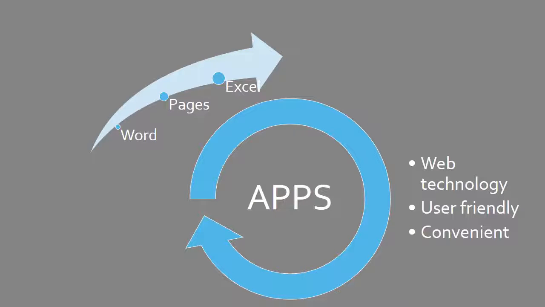The development of web technology, user-friendly technology, and convenience made all those softwares, Word, Pages, Excel, etc., to turn into apps so that the consumers can use them in any device they use.